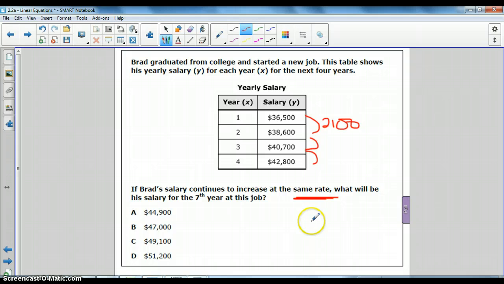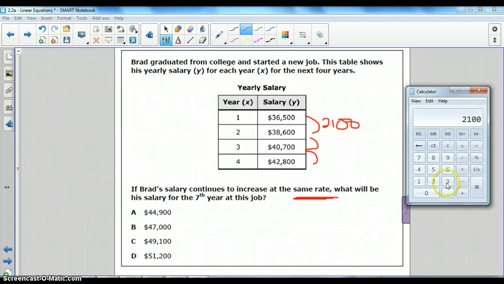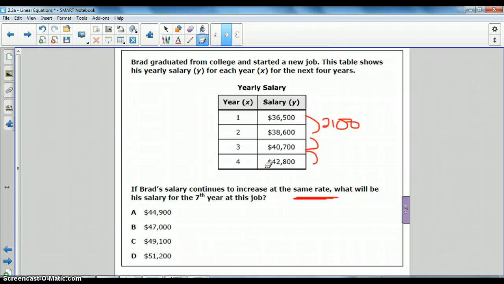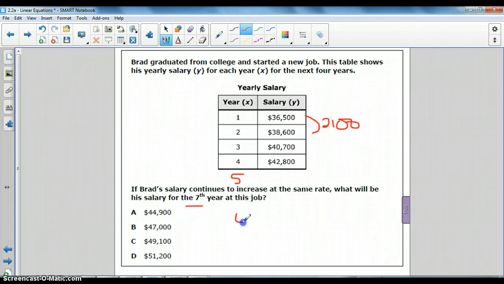Let's just check one more to make sure. Let's do the last one. 2,100. Okay, so we could set up an equation, but how I like to solve this one is to continue on with the table. They want to know the 7th year of his job, so we have 5, 6, and 7. I'm just going to continue adding 2,100 each year till I get to year 7.